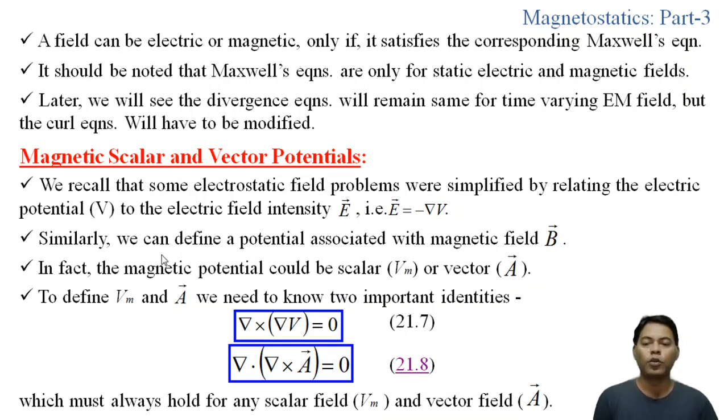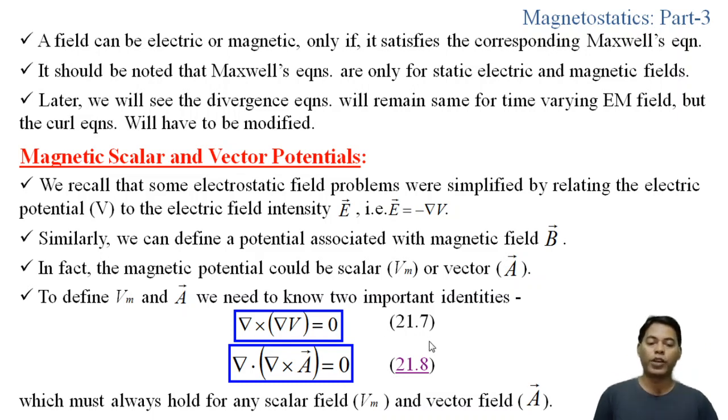For that, we can define a potential associated with the magnetic field B. But here, I want to tell you one point, that the magnetic potentials are of two types. One is the scalar magnetic potential, denoted by Vm, and the other is the vector magnetic potential, denoted by capital A. Moreover, whenever we define Vm and A, we need to use two important identities.